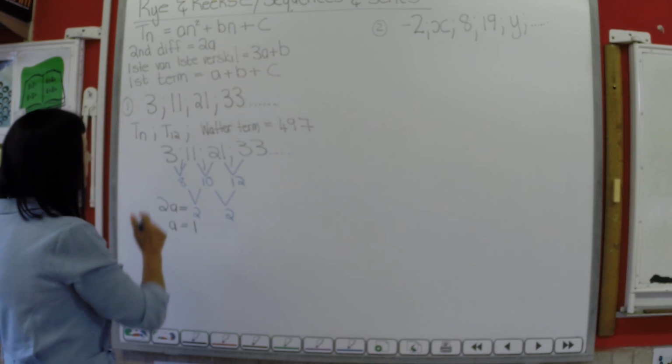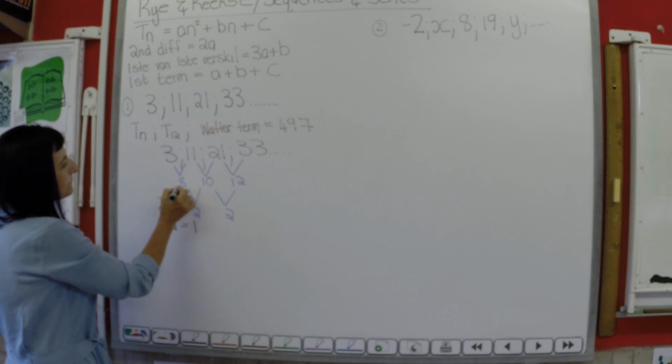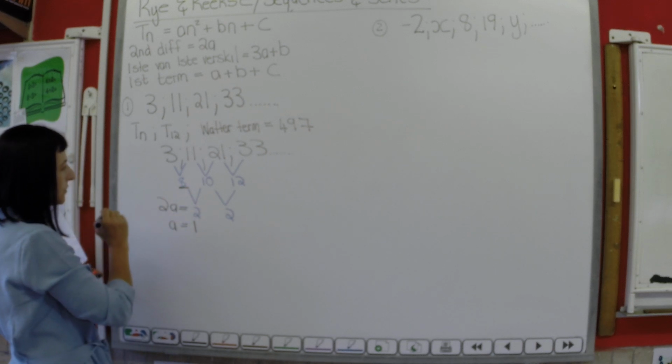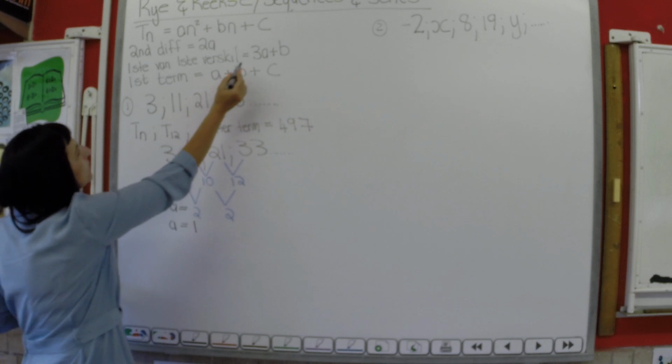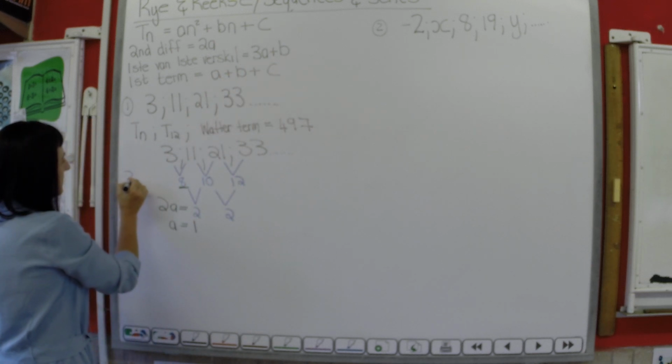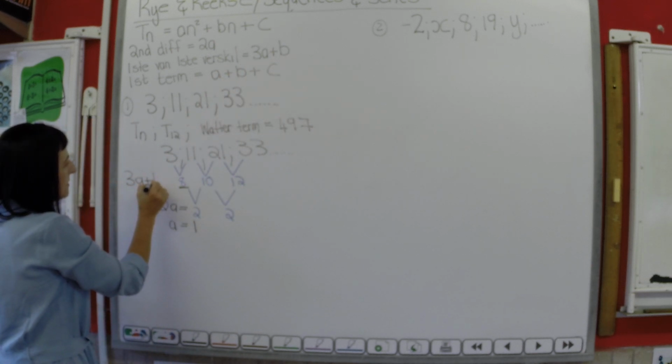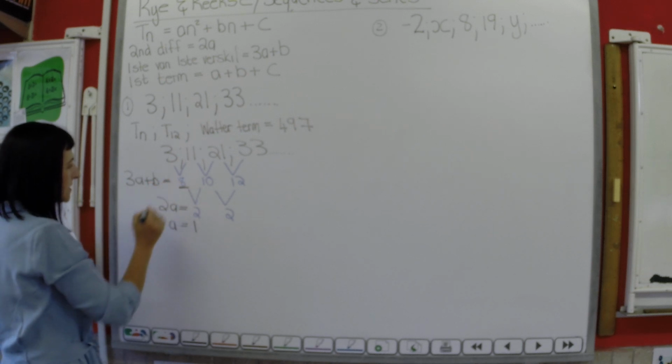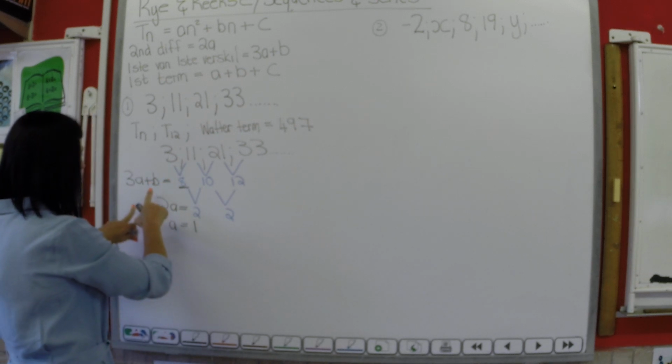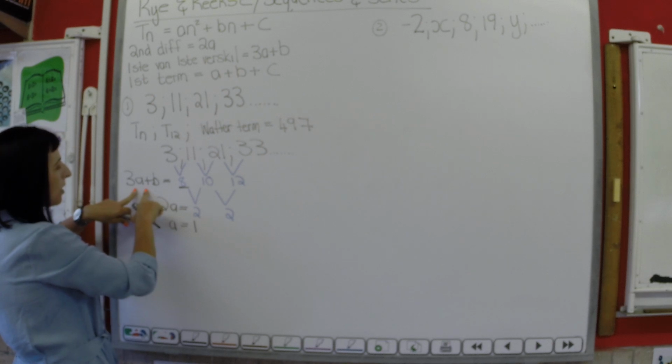Nou gaan ons kyk na die eerste waarde van ons eerste verskil. So that equals 3a plus b. 3a plus b equals 8. So ons het nou vir a, nou kan ons substitusie doen in a se plek in.